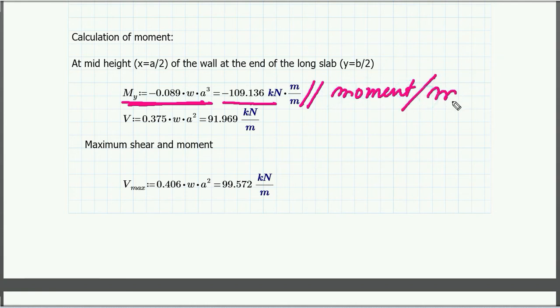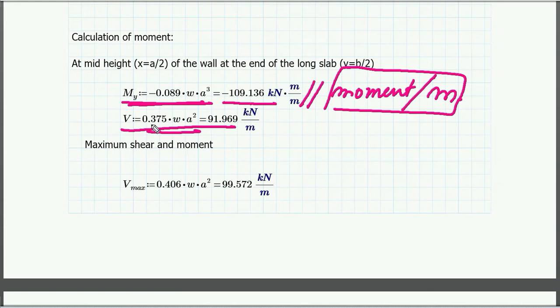Similarly, we can find out the shear forces. P is equal to 0.375 W a square, which will give you 91.969 kilonewton per meter.